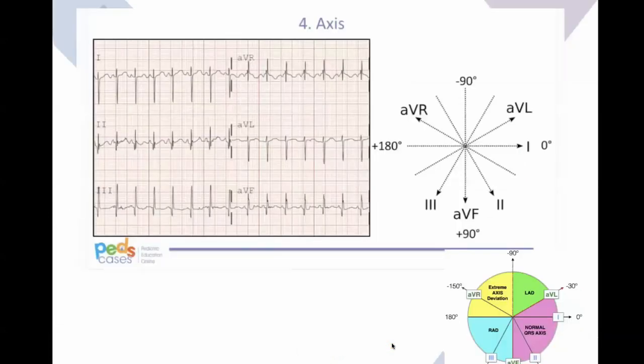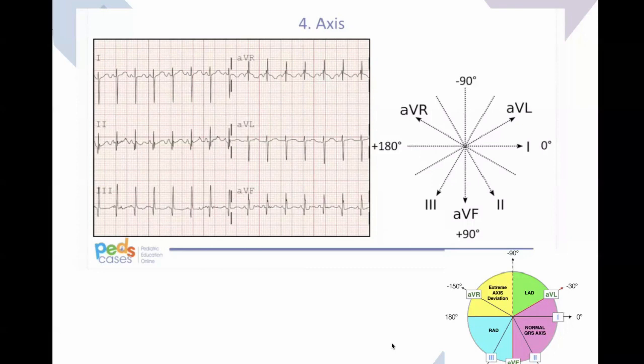An easy and quick method to approximate the QRS axis is by looking at the overall polarity of the limb leads. Find the most isoelectric limb lead. I would say that in this example, it is either lead 2 or AVR.